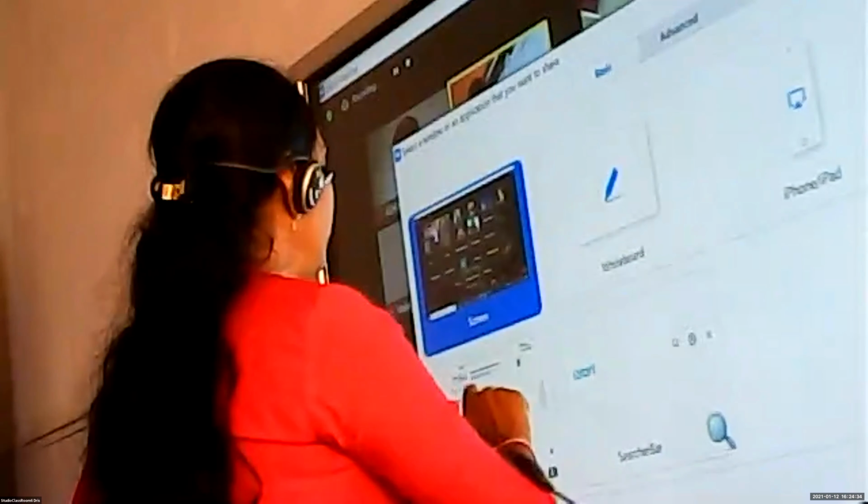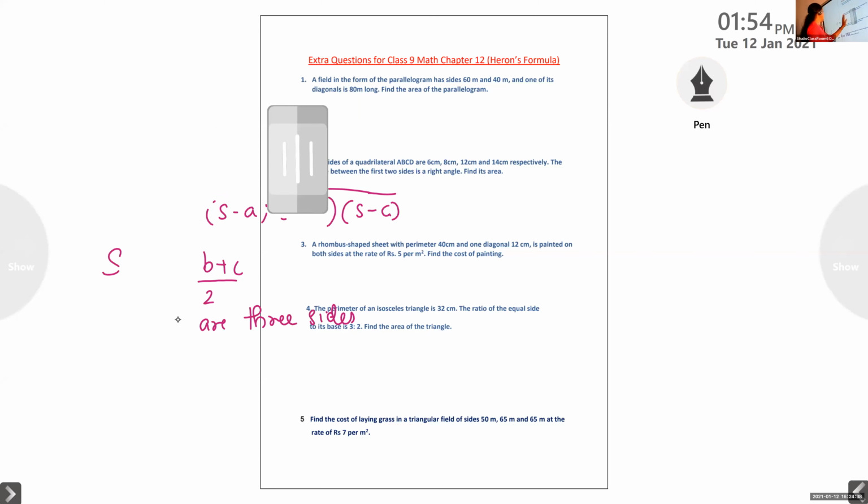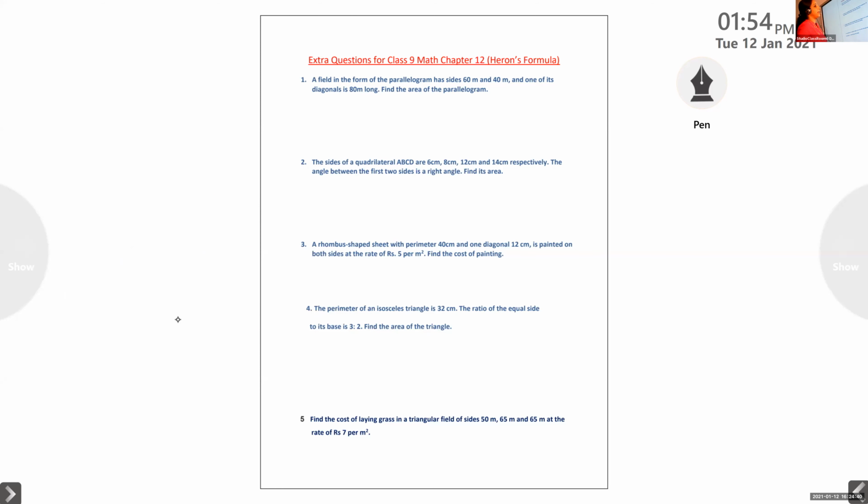Okay. So this is Heron's formula, and we will do the questions of Heron's formula. These are the extra questions for you. Okay, children, write the first question. A field is in the form of a parallelogram, has sides 60 meter and 40 meter, and one of its diagonals is 80 meter long.